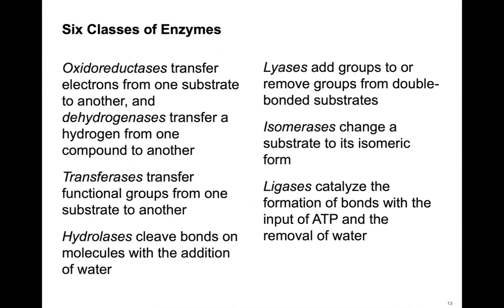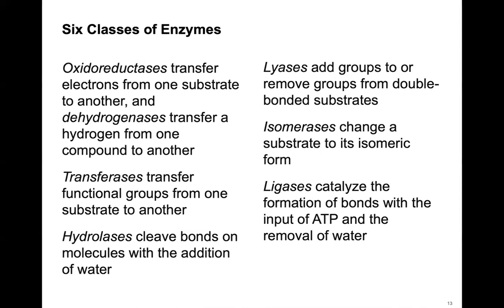There are 6 classes of enzymes. You have oxidoreductases, which transfer electrons from one substrate to another, and dehydrogenases, which will transfer a hydrogen ion from one compound to another. Transferases will transfer functional groups from one substrate to another. Hydrolases will cleave bonds on molecules with the addition of water.